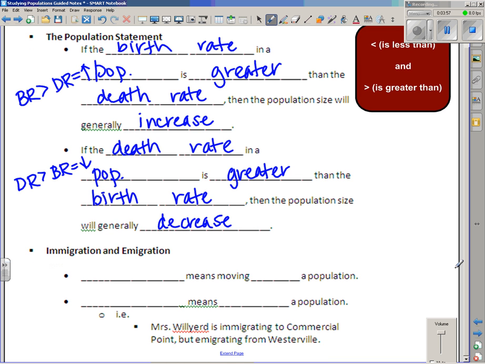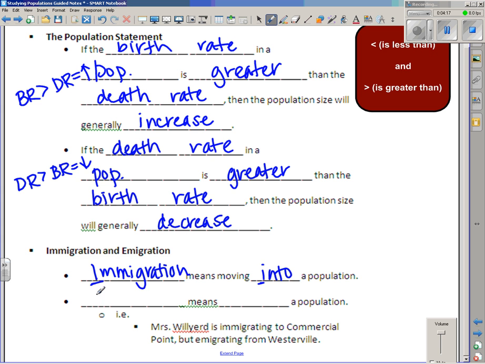We also need to talk about immigration and emigration. Well, what's the difference? Well, immigration with an I means moving into a population. So underline the I in immigration and the I in into.